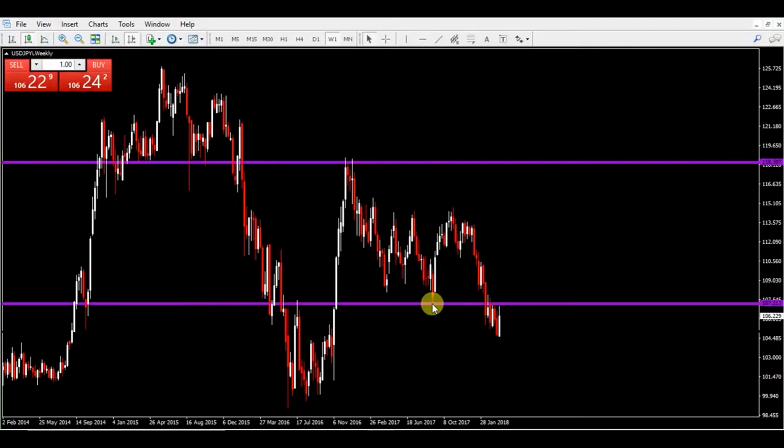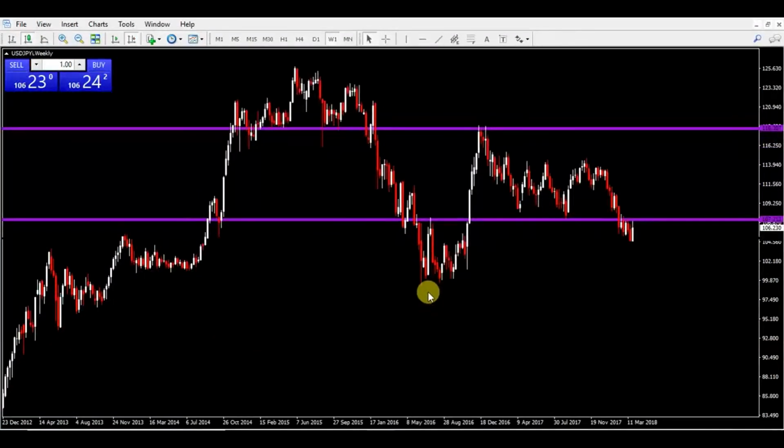So here's another weekly area, for very obvious reasons. Market came down, reacted, went up, broke through, and is testing the underside of this, and has been dropping since. We scroll back, you'll see the market right here broke through, came up, retested that area, and dropped.